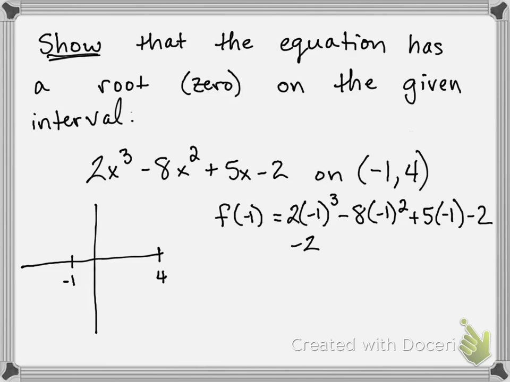Negative 2 plus 8, minus 5, minus 2. Wouldn't it be minus? Why is that minus 8? Because of the negative. Oh, you're right. So negative 17. So at f of negative 1, you have negative 17. So it's way down here.